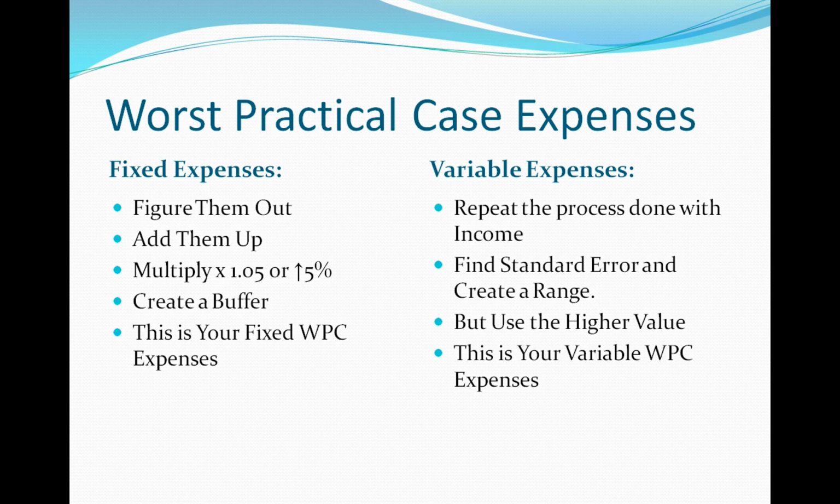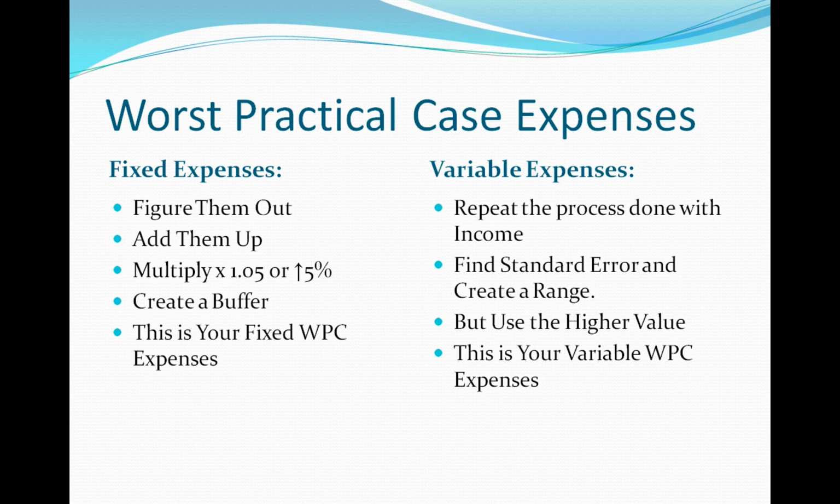Okay, so now we're going to talk about worst practical case expense. We're going to talk about fixed expense and variable expense. On the left side, we have fixed expense. You just need to figure those out, sum them up, and then multiply them by 1.05, or increase them by 5%. This creates a buffer for your fixed expenses.